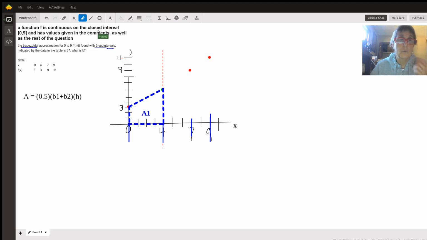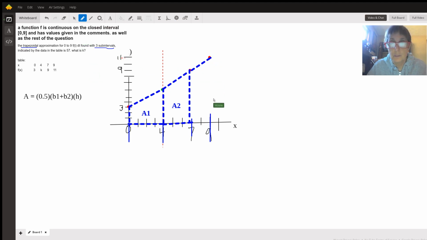Then we will make another trapezoid, connect the dots, and then finish out the trapezoid. Okay, and this is going to be our area 2. And then we will make our third trapezoid by connecting the dots. Didn't do that very well.